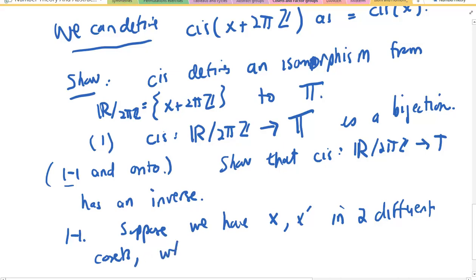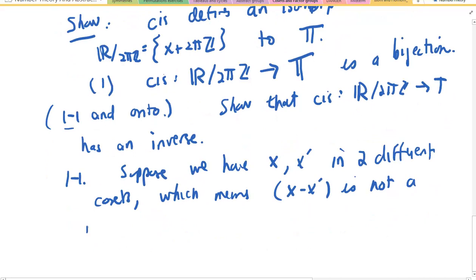Which means that x minus x prime, if they're not in the same coset, is not a multiple of 2 pi. Okay, x minus x prime is not a multiple of 2 pi.